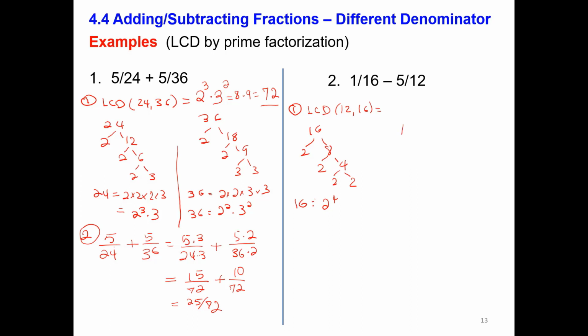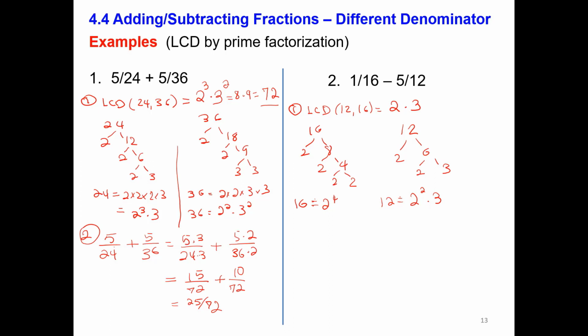Then for 12, 2, 6, 2, 3. The prime factorization for 12 will be 2 to the second times 3. Now, what are the factors? 2 and 3. We write here the factors 2 and 3. We have 2 to the second and 2 to the 4th power.